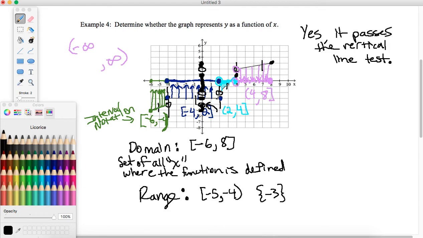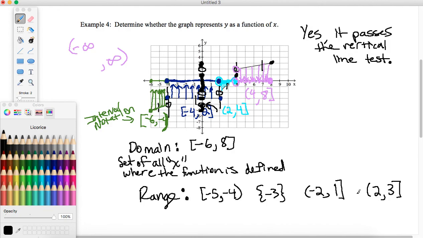All the points on this horizontal part have a y coordinate of -3. So -3 is in my range. Then I skip up to -2, but I don't include -2, so I'm going to have a parenthesis at -2, and I use all the points as y coordinates up until I get to y equals 1, and that's going to be a bracket around 1. Then I skip up to 2. I have an open circle at 2 and a closed bracket at 3.